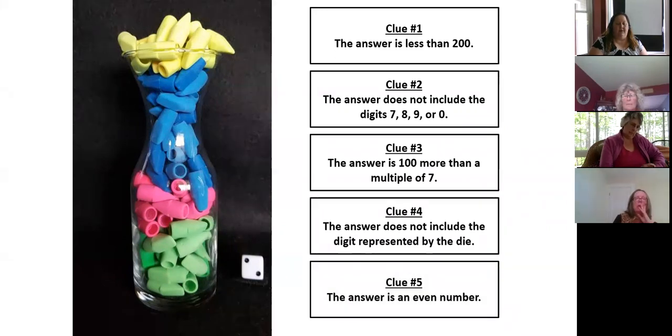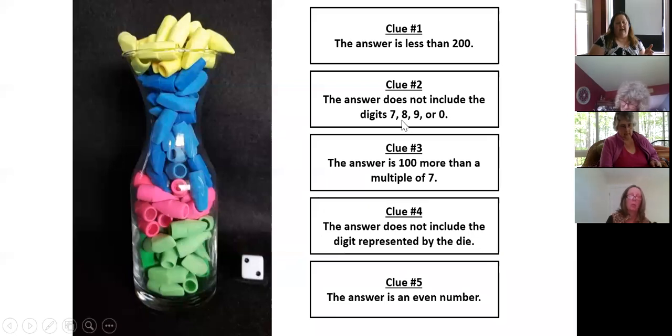And we know that the answer is an even number. So if we look at these clues and really think about an even number, we know that an even number ends in the digits 2, 4, 6, 8, or 0. But in this case, we already know that it can't end in a 2 because of the die.